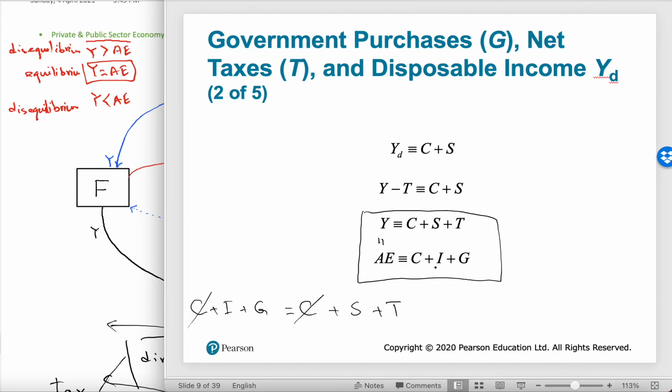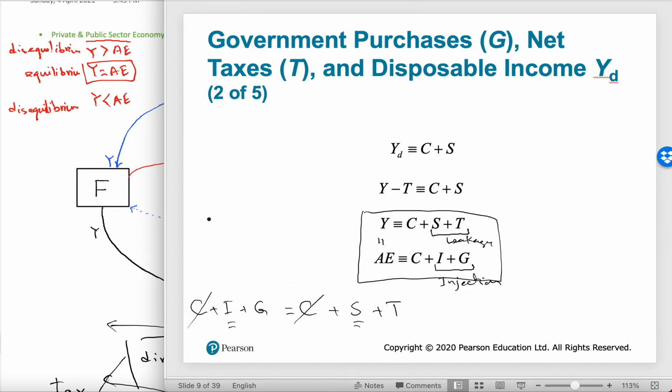And remember that these are the leakages, and investment and government spending are the injections to the system. So leakages and injections, this is also called the saving investment equation, because it's investment and saving. The injections and leakages come from the chapter 8 model. It's also called the IS equation. Okay, the IS equation is the equilibrium.